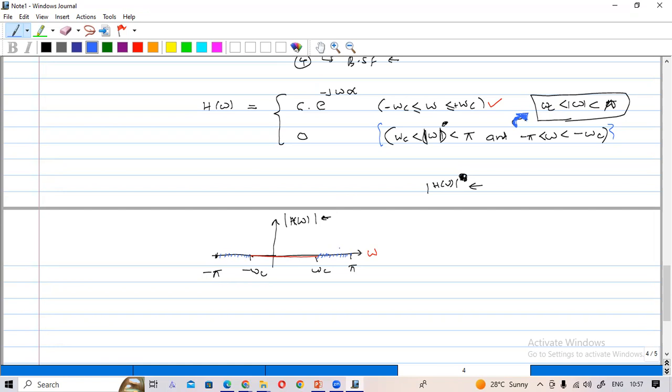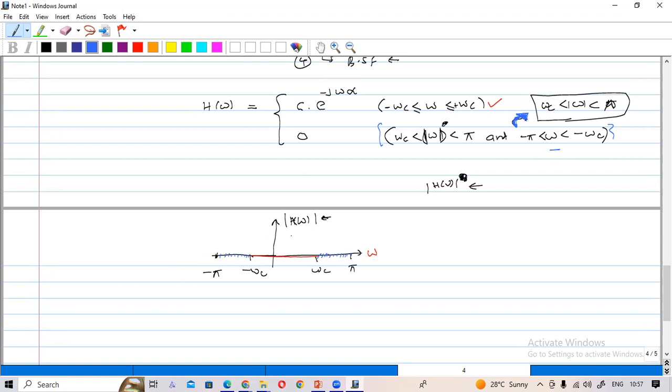So I think this will be correct. But anyway, if you are not sure, you can write like this: omega is between plus omega c and minus omega c, and omega is between plus minus 5 and minus omega c, like this, okay?